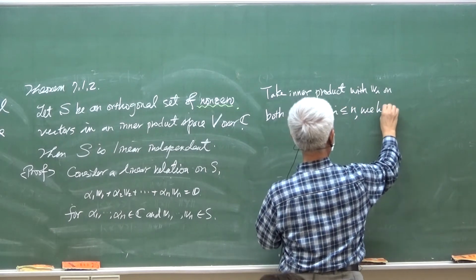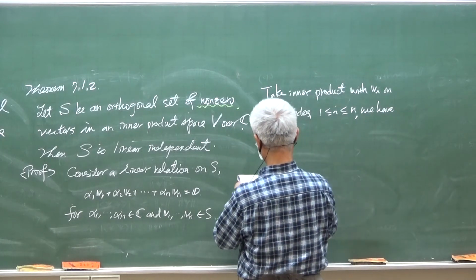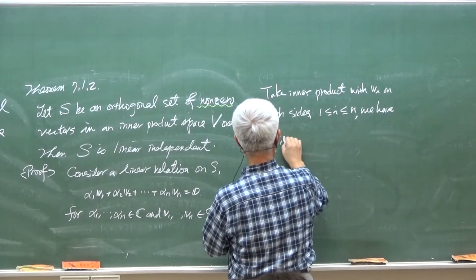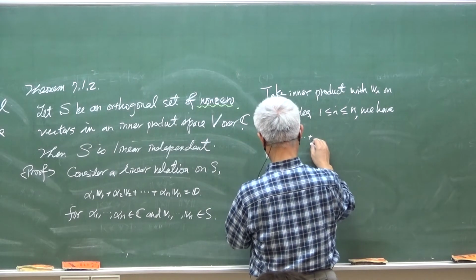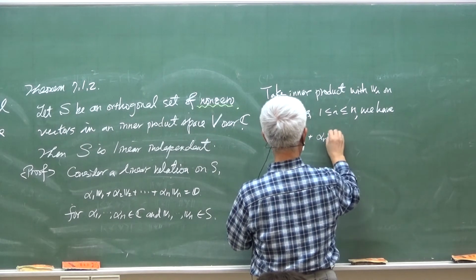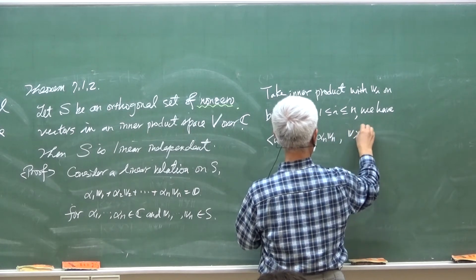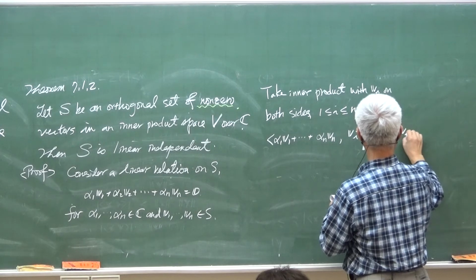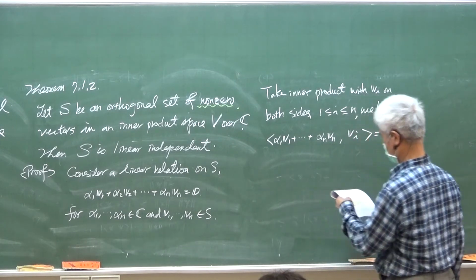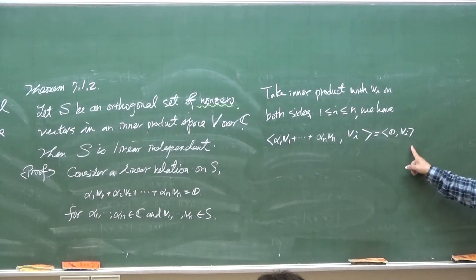We have <alpha 1 v1 + ... + alpha n vn, vi> equals <0, vi>.